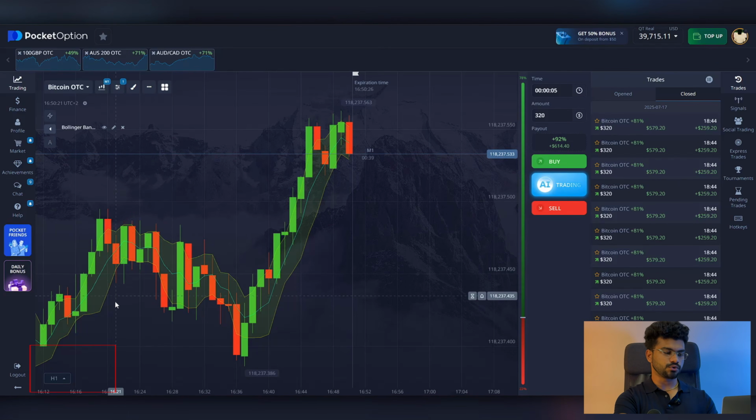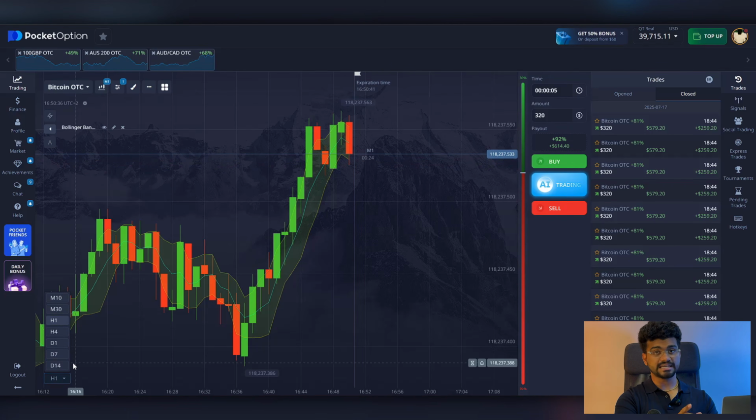So if you go to the bottom left corner and press this button right here, you can see labels like M10, M30, H1, H4, D1 and many more. So this is not the trade duration as you would have been thinking by now. This is the chart time frame, also called the candle frame. So what does it mean?